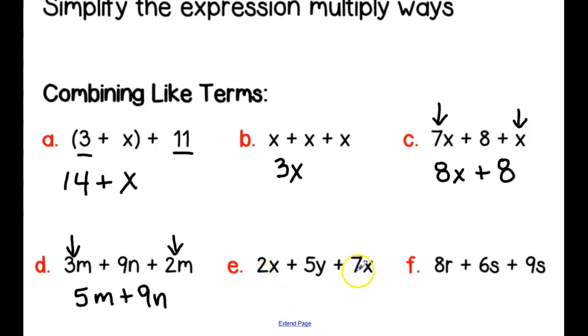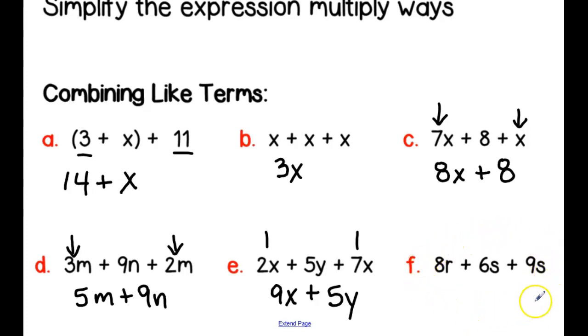In this next example here, we have 2 x's here and 7 more here, which gives us 9 x's. And this is a different type of term, so it cannot be combined, so we keep that.